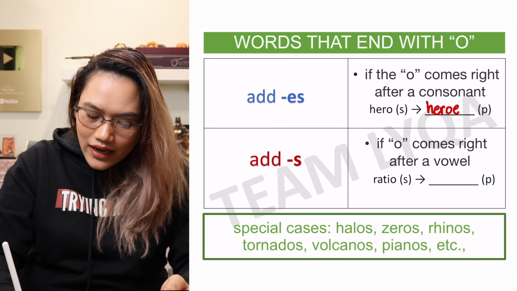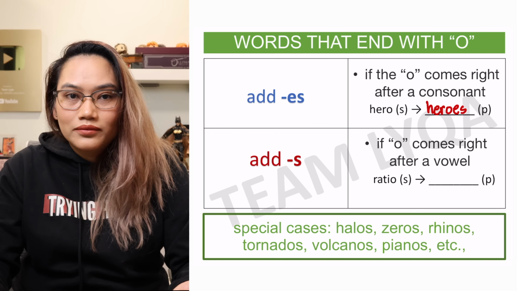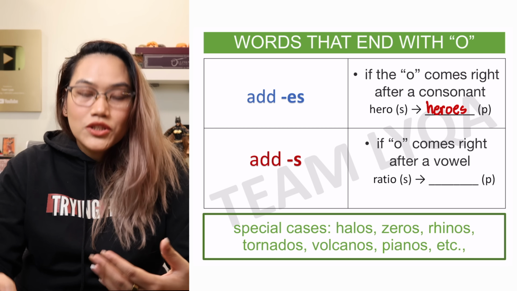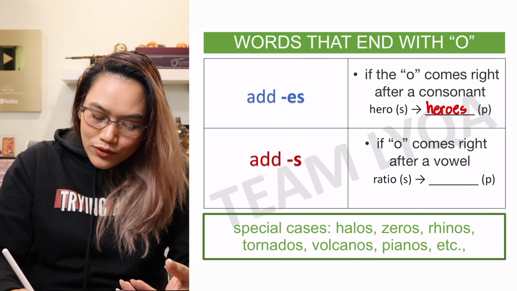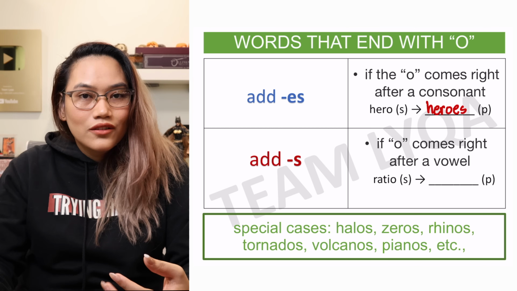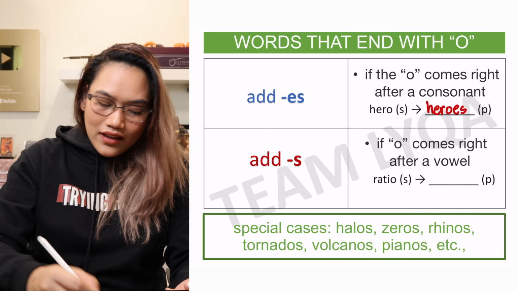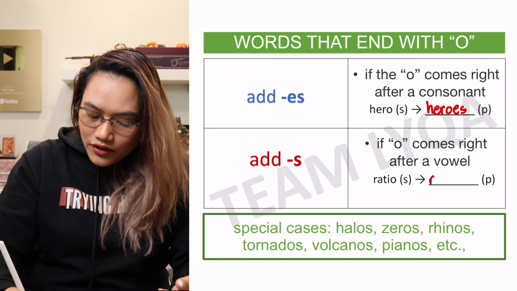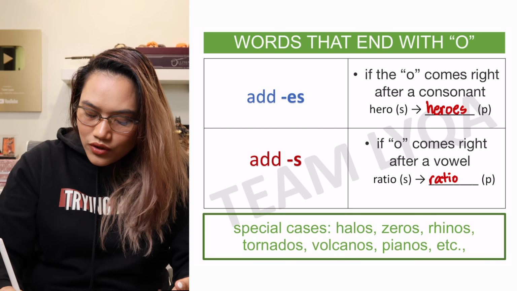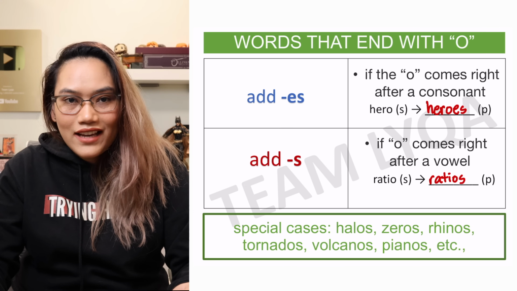Hero, ES. For heroes. Now, if the O naman comes right after a vowel, for example, the word ratio, na ang sinusundan niya is an I, we just add an S. So, ang ratio, kung marami, would be ratios. We just add an S.